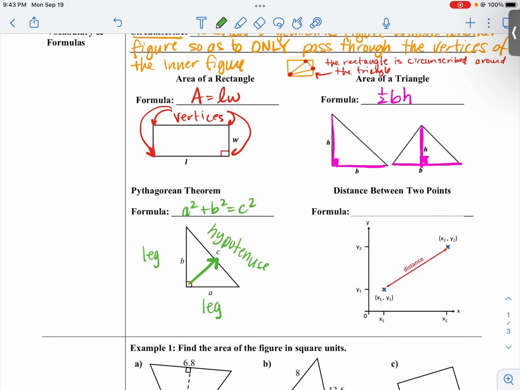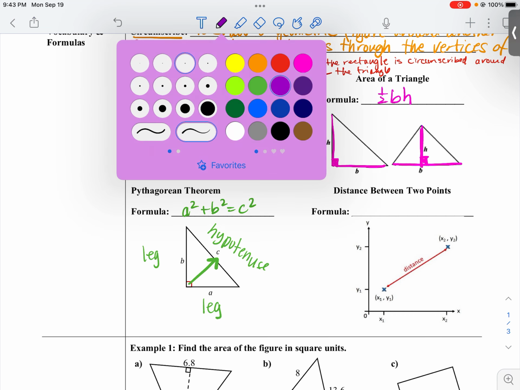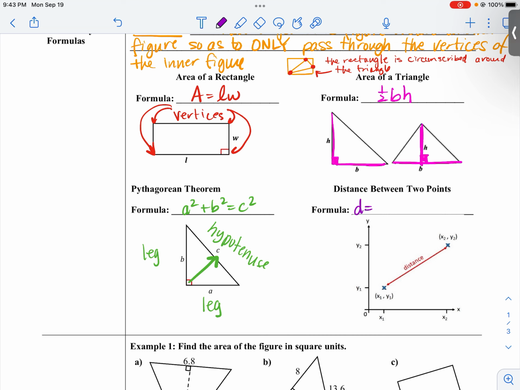And of course the distance formula, where d equals the square root of x2 minus x1 quantity squared plus y2 minus y1 quantity squared, where we draw a right triangle and we figure out that this is x2 minus x1 and this is y2 minus y1, and then I can find my c.